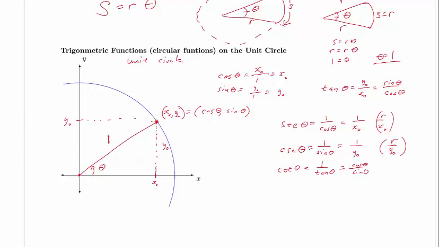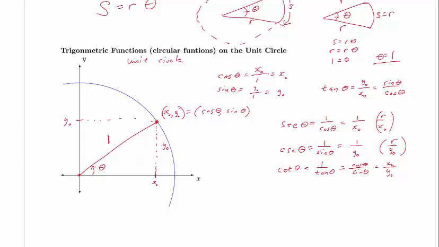Just the reciprocal of tangent theta. And as far as coordinates on the unit circle, this would be x naught over y naught. Okay, and so there we have it. Those are the most basic trig functions.